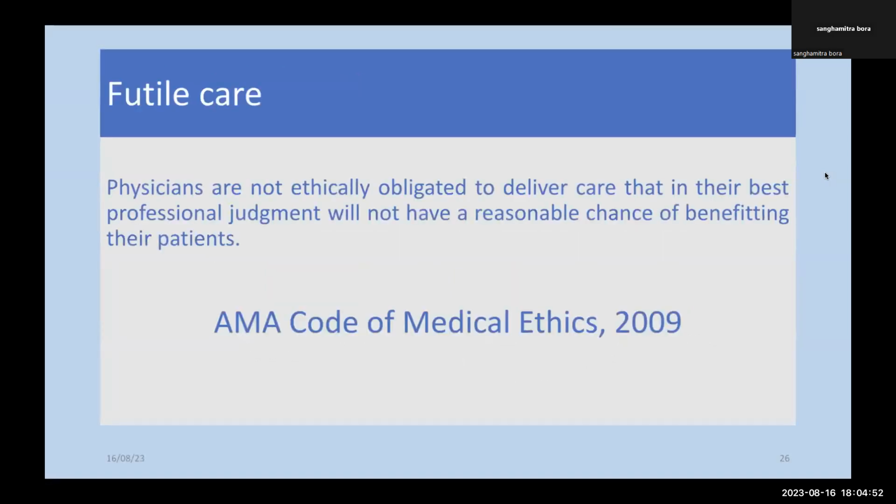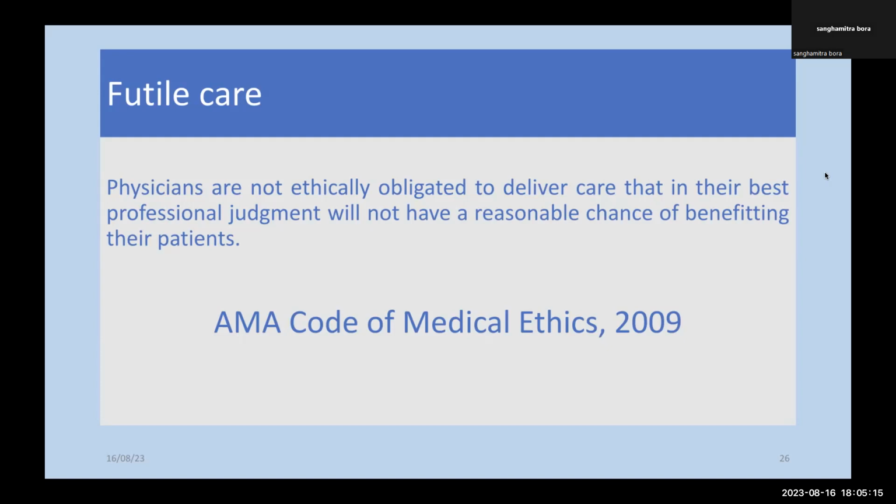So when we talk about futile care, as we have mentioned before, the AMA Code of Medical Ethics has laid down that physicians are not ethically obliged to deliver care that in their best professional judgment will not have a reasonable chance of benefiting their patients.